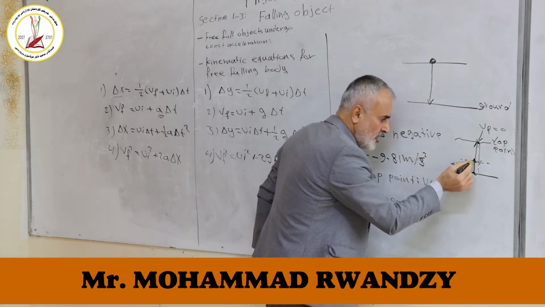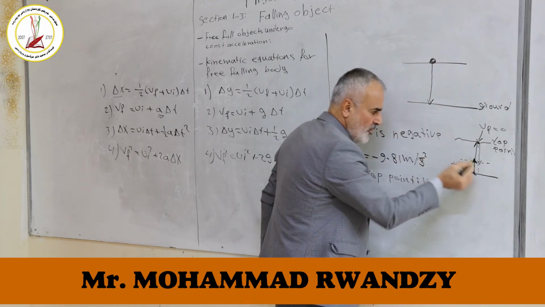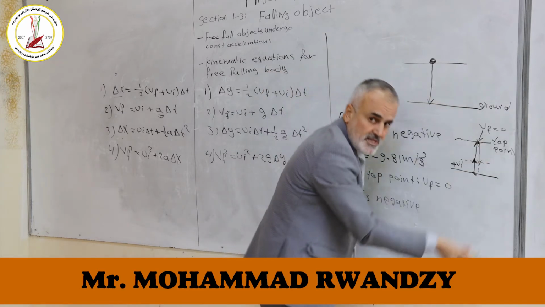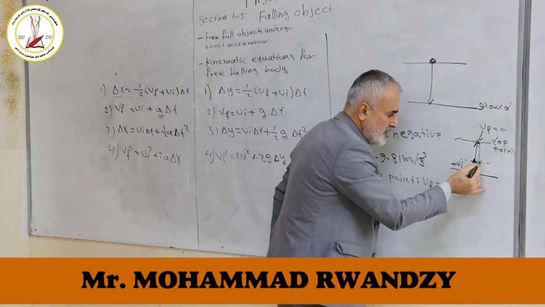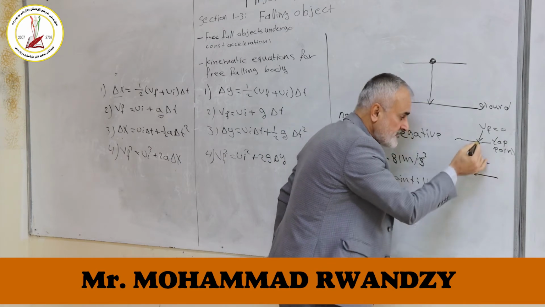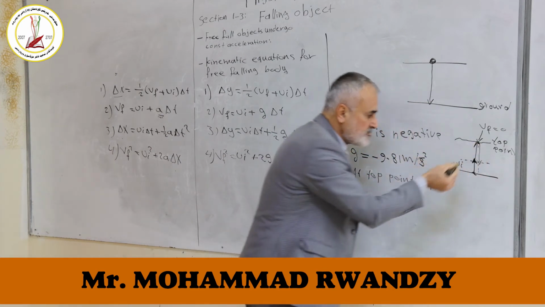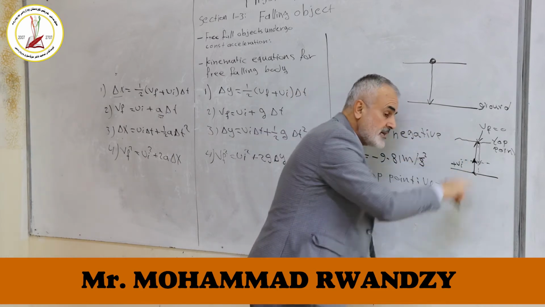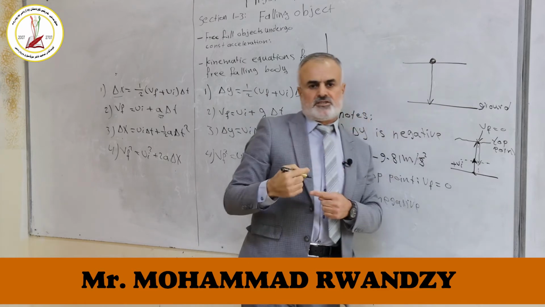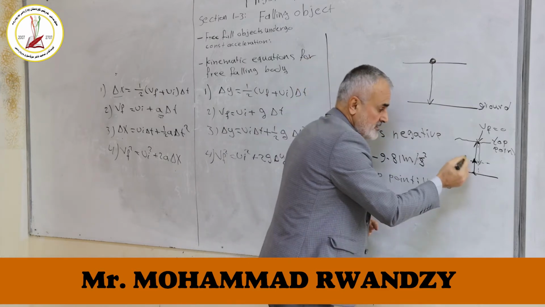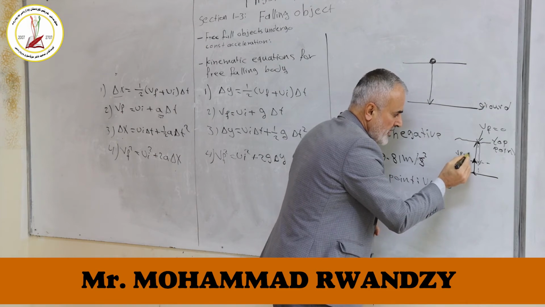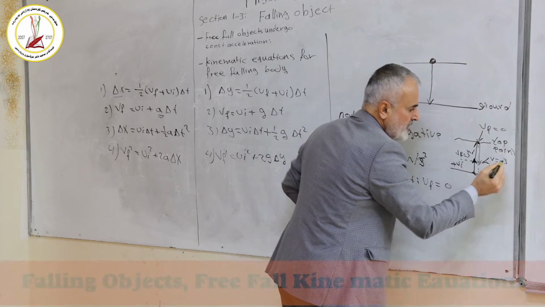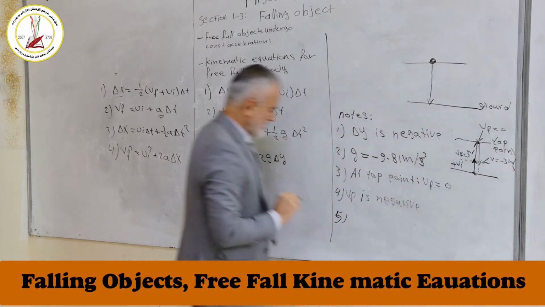For example, when the velocity at this point is 3 meters per second upward, when the object returns down and reaches this point, its velocity becomes the same as the velocity that was 3 meters per second, but in the opposite direction. If the velocity here is 3 meters per second, at this point the velocity becomes negative 3 meters per second.